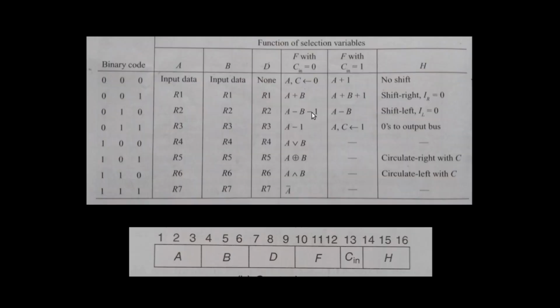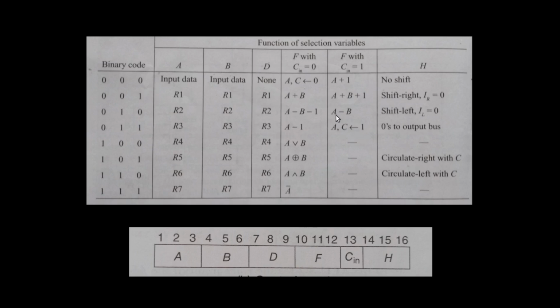The next is, we have to simply transfer. For that purpose, what will be the F select codes? Here this one is a transfer operation and this is another transfer operation. When F is equal to 000 and carry in is equal to 0, this will perform a transfer operation and this will also reset the carry bit to 0.